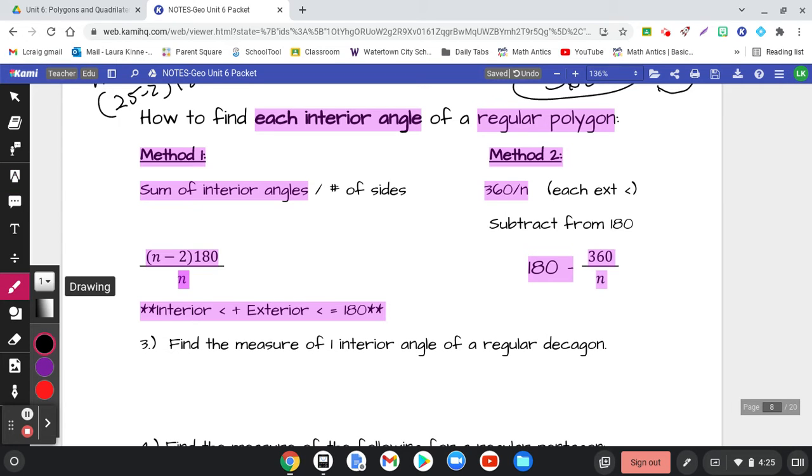If I were to draw this, let's say we've got part of a figure sticking out over here. If I have an exterior angle, let's say this is 100, this would be 80. They always are supplementary. They add up to 180. So if you can figure out what each exterior angle is just by dividing 360 by the number of sides, you can just subtract from 180 and you're good.